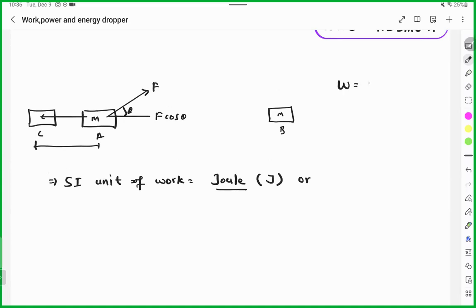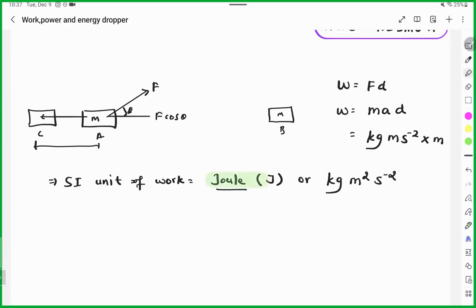Work done is equal to force into displacement. Force is equal to mass into acceleration. Mass is kg, acceleration is meter per second square, and displacement is meter. So can we say it will also be equal to kg meter square per second square? Yes, sir.